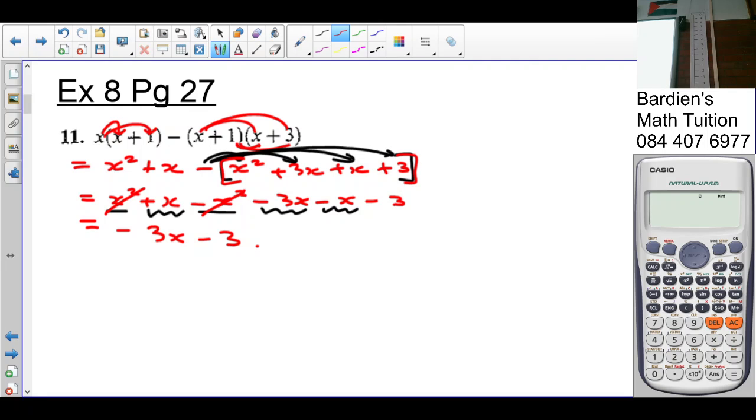That's correct. Next line? x squared plus x minus x squared plus 3x plus 3. How do you get the 3x? You got x squared plus 3x and you got the 3 here. That's wrong, because x times 1 is x and not 3x. That's your mistake.